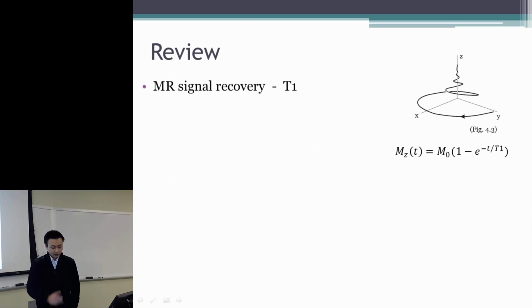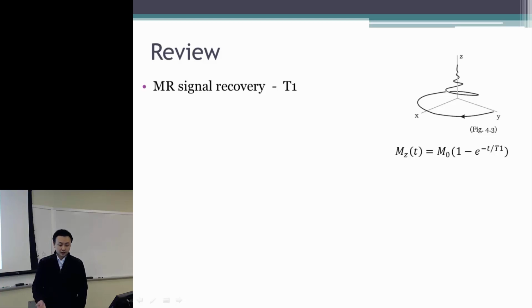Okay, so a little bit of review of the concepts we have already learned. When we have done a signal excitation, we have tipped the magnetization from the longitudinal direction into the transverse plane. Afterwards, the signal will start to recover along the longitudinal axis, towards the direction parallel to the external field.